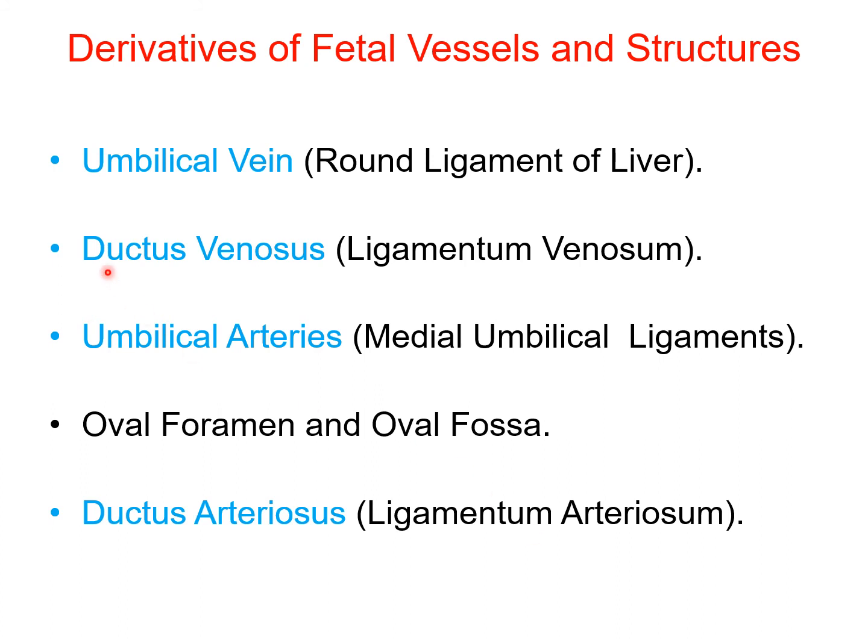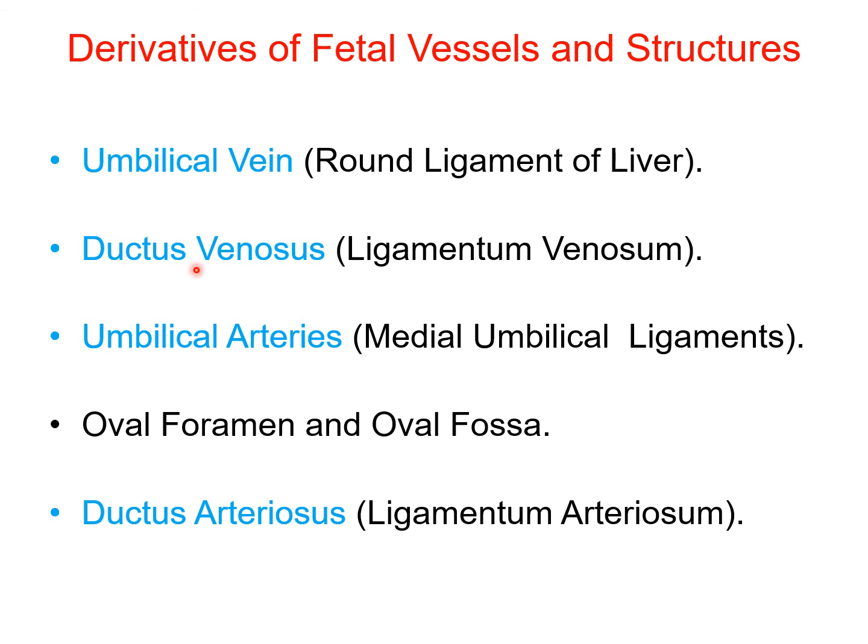So the first change which is happening is occlusion of the umbilical vein. As the umbilical vein is occluded, there is decreased flow into the ductus venosus, and it also closes, and there is increased flow into the inferior vena cava.